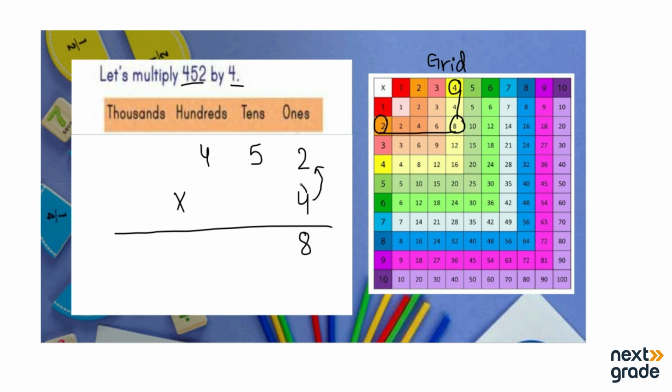Next, we are going to multiply 4 with the number that is at the tens place value, that is 5. We're going to multiply 5 by 4. We already have 4 circled, and we are going to find 5 over here. The answer for 4 multiplied by 5 is 20.